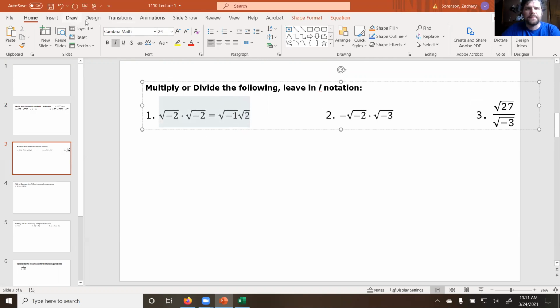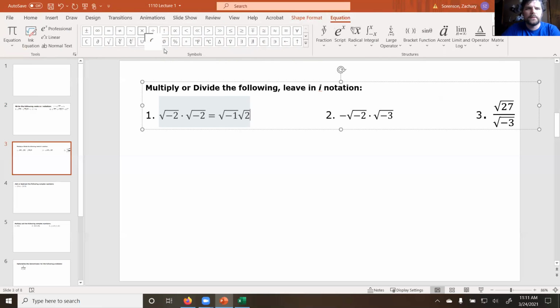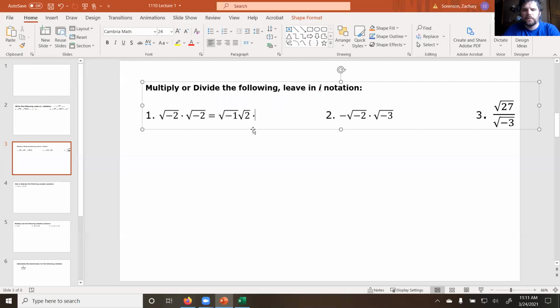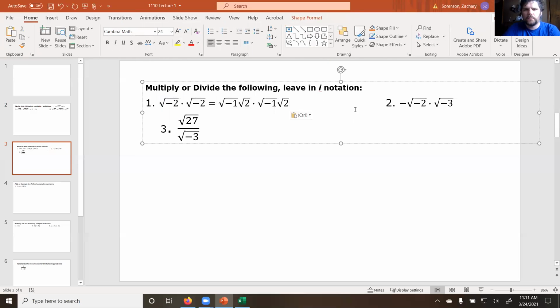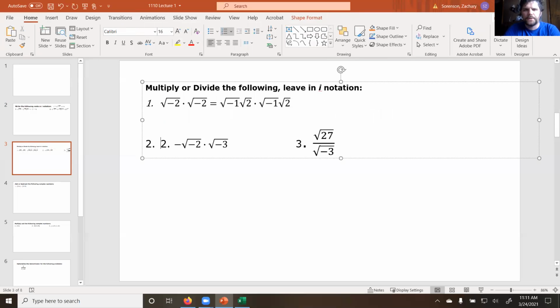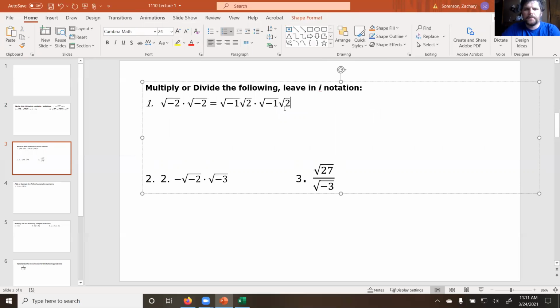And exact same thing for the next one: square root of -1 times 2. And we know what the square root of -1 is. It is i. So we get i root 2 times i root 2.